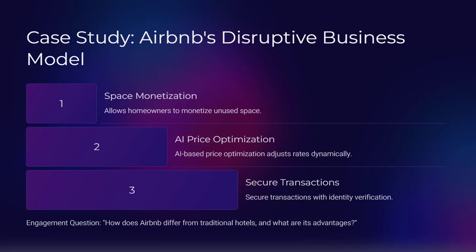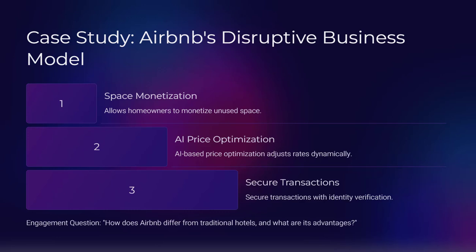We can look at the case study of Airbnb's disruptive business model, right? Airbnb allows homeowners to monetize their unused space, turning homes and apartments into revenue-generating assets. The platform uses AI-powered price optimization to dynamically adjust rates based on demand, occupancy, and other factors, helping hosts maximize their earnings.